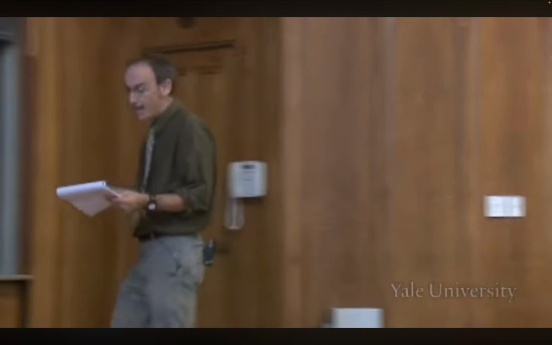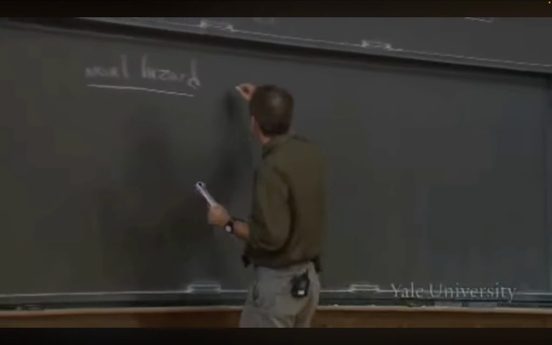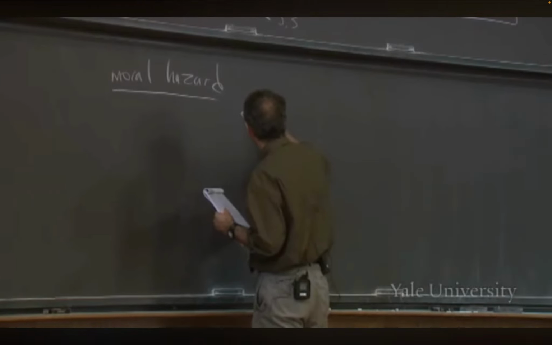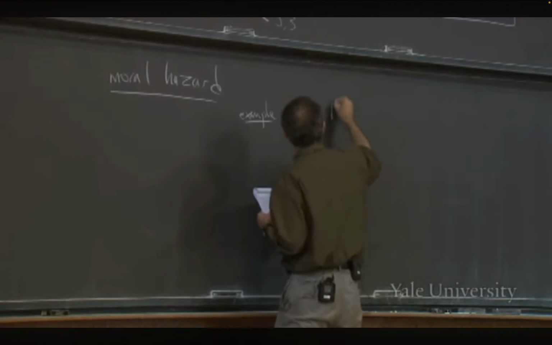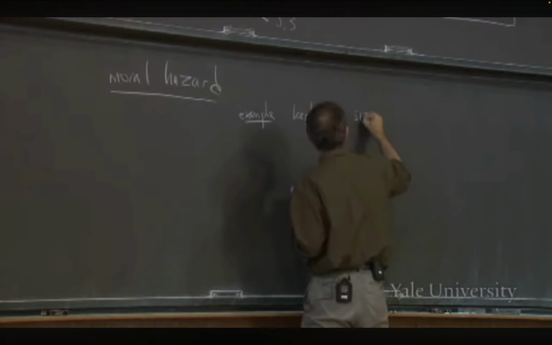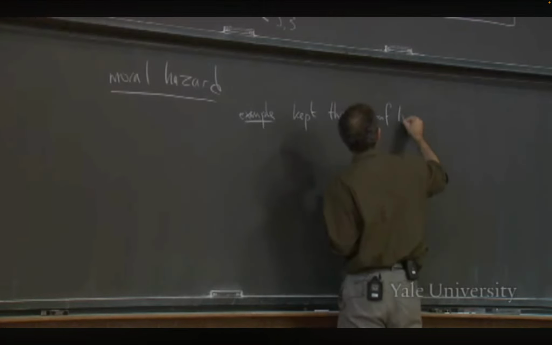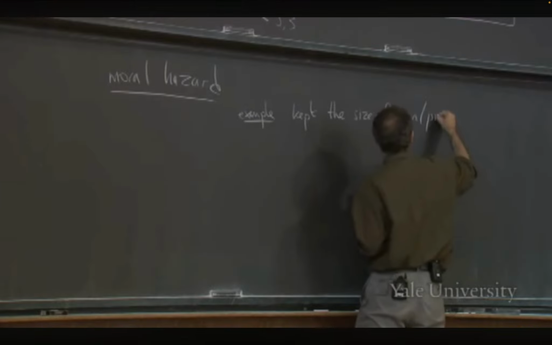So the idea here, in this example, was that we kept the size of the project, or the size of the loan, small. You could think of this as the project if they're borrowing something.